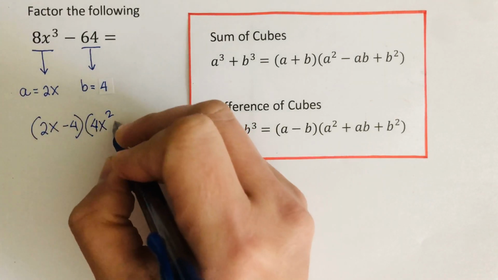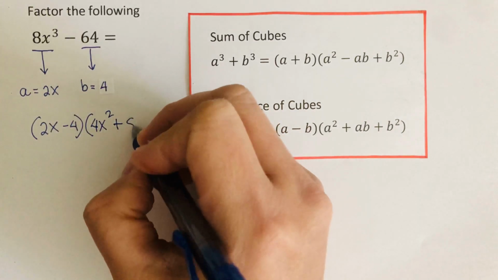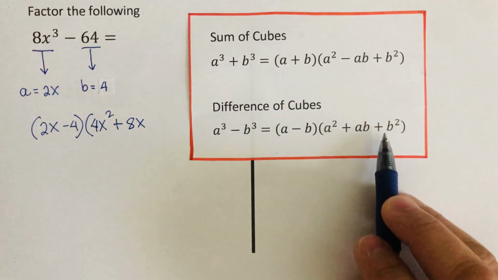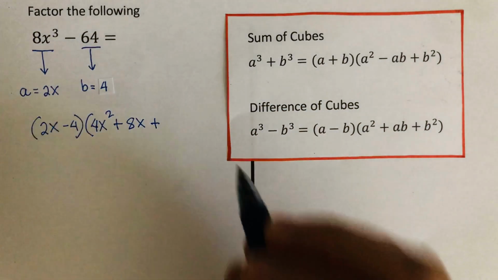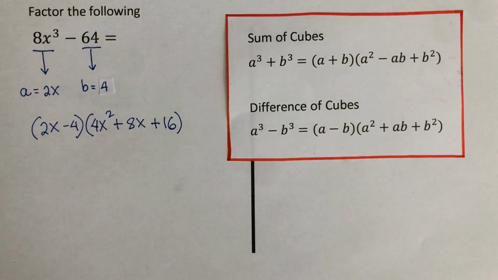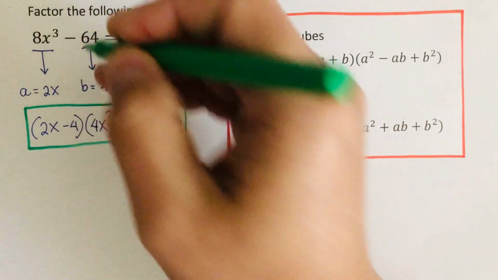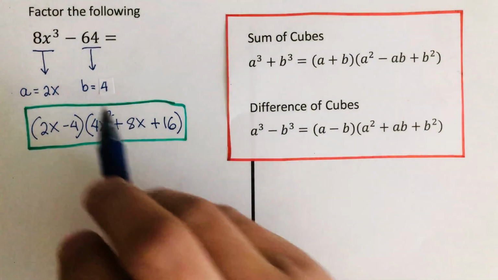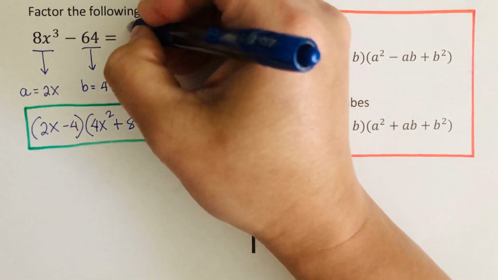That's going to be a plus ab, so we multiply a times b, so 4 times 2x is 8x. And then we go ahead and add the b squared, so our b is 4, so 4 squared is 16. So this is our factored form of this expression that we have up there. I'm just going to go ahead and say that this 8x cubed minus 64 is equal to this.